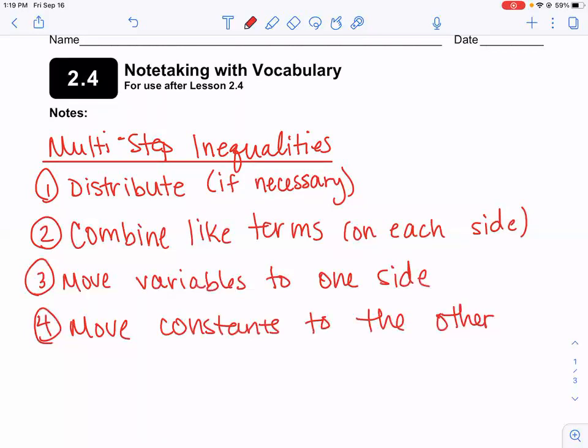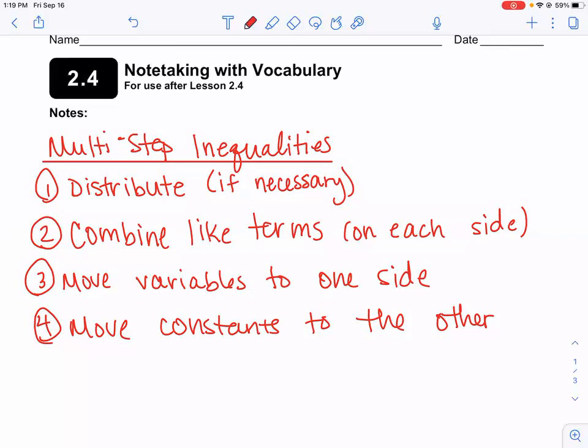Now, you get to be in control of which side you pick for each of these. But you know that if we are going to graph these inequalities, it is a lot easier to work with an inequality where the variable's on the left side. Okay, that's kind of my strategy. You don't have to follow the same thing. You can always rewrite it at the end.